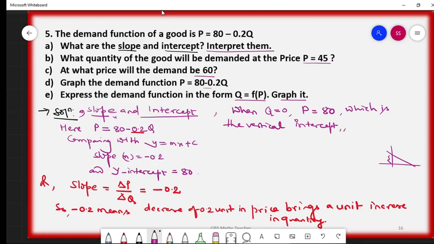Yes, this is the first part. And dear students, A is solved. Now I have to solve B here.